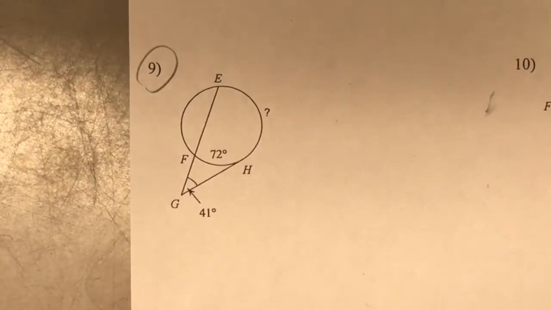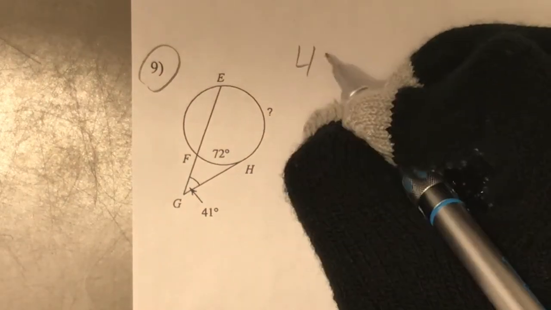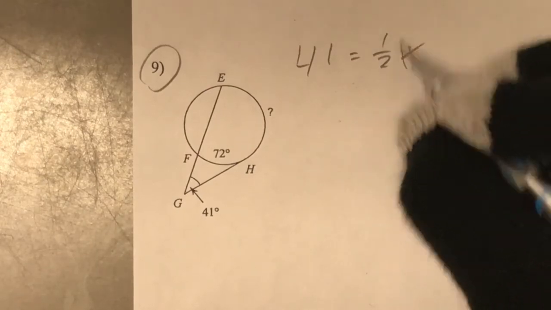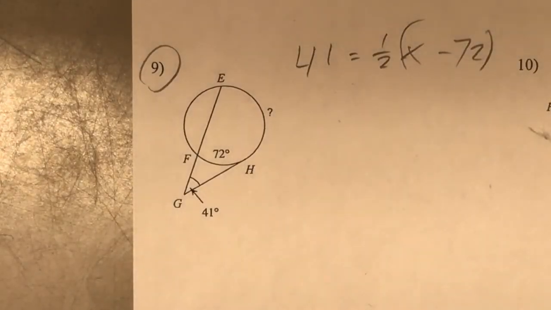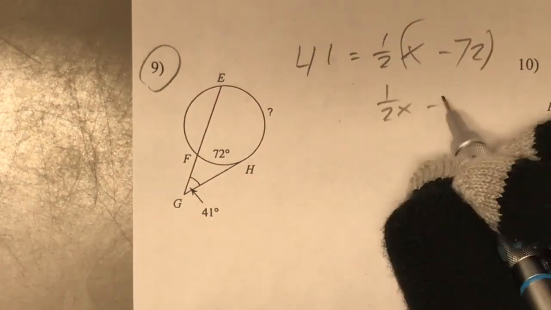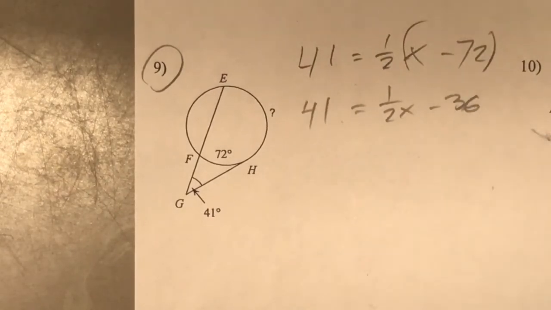So for example, on number 9, instead of solving for the angle, you're solving for the big arc. So as you do with every problem, you have to plug everything into the formula. And then working from there, you have to distribute 1/2 into what's in the parentheses, and then try to get x by itself.